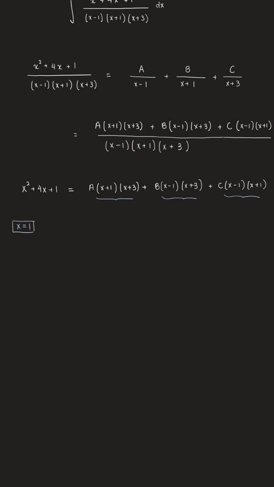And I need to put that value of x into every part of my equation. So on the left, when I plug it into this expression, we have 1 squared plus 4 times 1 is 4, plus 1. And on the right side, when we put in 1 here, we're going to have a times, when x is 1, 1 plus 1 is 2, 1 plus 3 is 4.